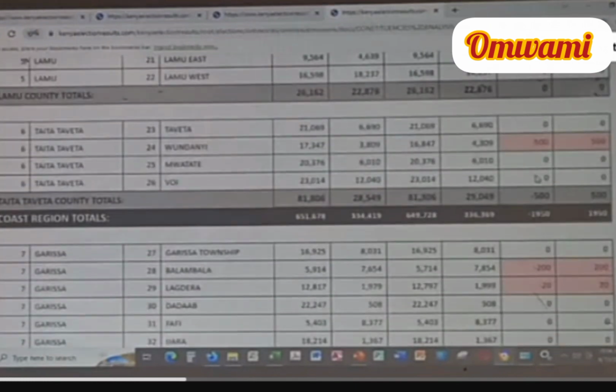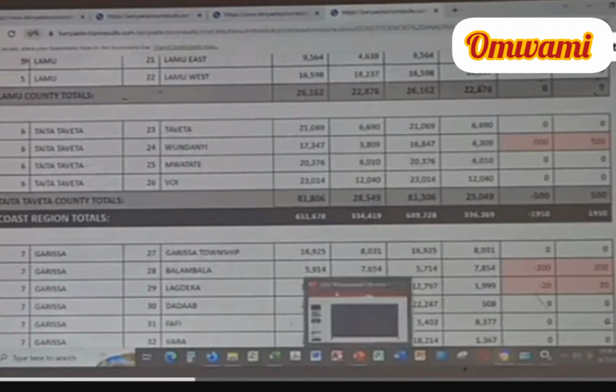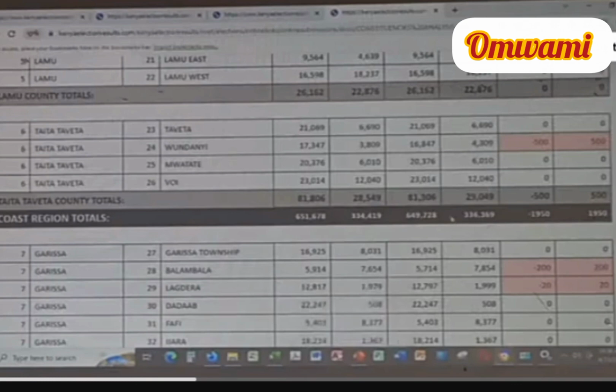Now, I want to take you to the regional values, because it will be faster to look at them in regional formats than in county formats. Now, when you look at the regional values, you note that at the end, IEBC awarded Jacom 649,000 votes and awarded Dr. Ruto 336,000 votes.